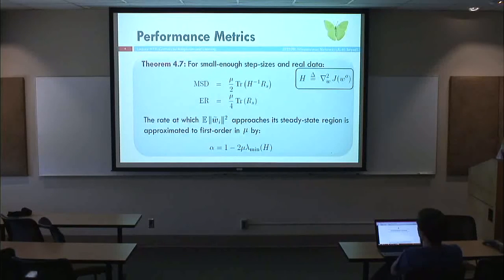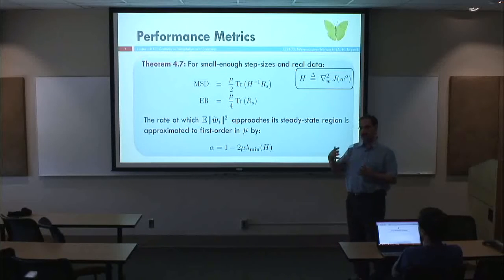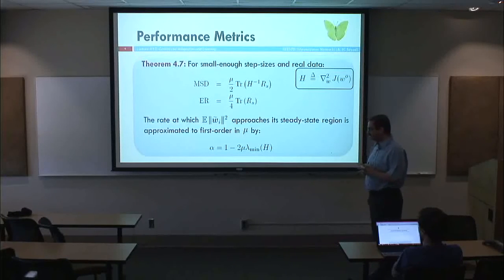In the last lecture, I derived these expressions for the performance of a single agent running a stochastic gradient algorithm. I'm trying to minimize a strongly convex function using a stochastic gradient algorithm.